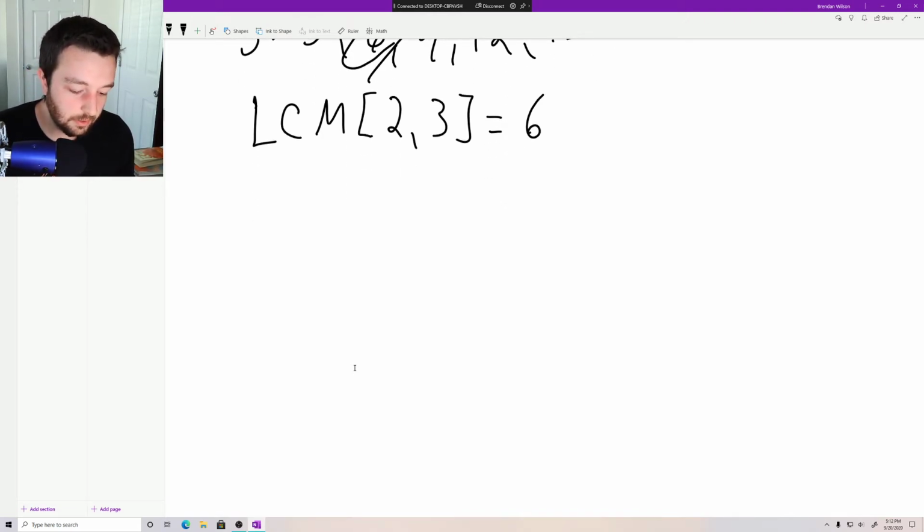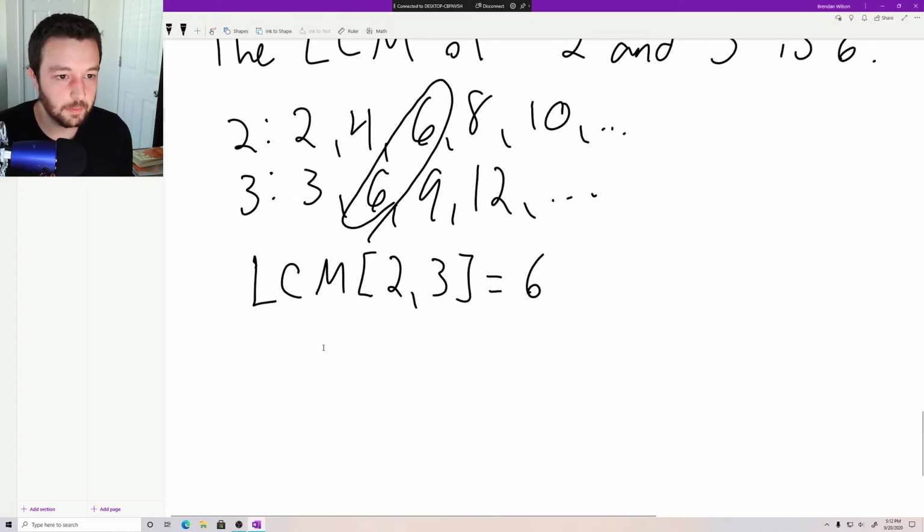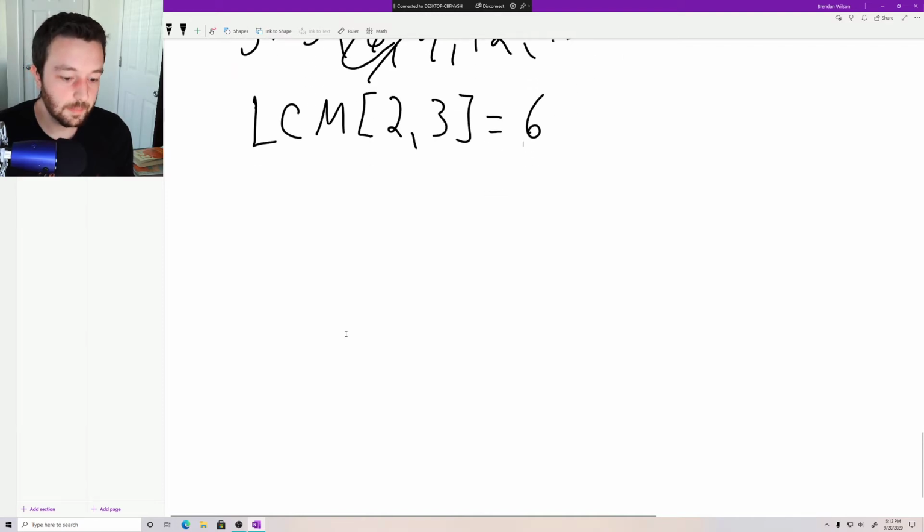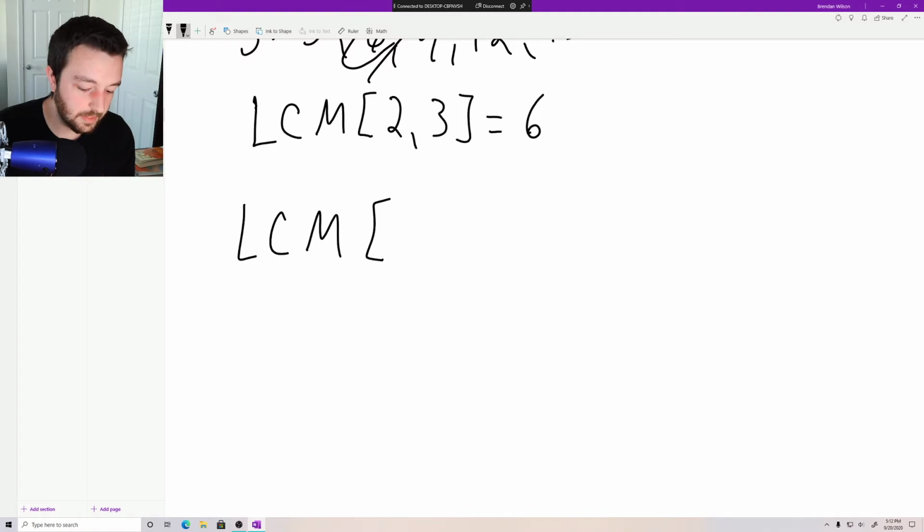There's a couple of different ways to find the least common multiple. One is like we just did: we list the multiples and then find the ones they have in common. The other is using the prime factorization. Let's do the first method for a few more. Let's look for the least common multiple of 10 and 15.